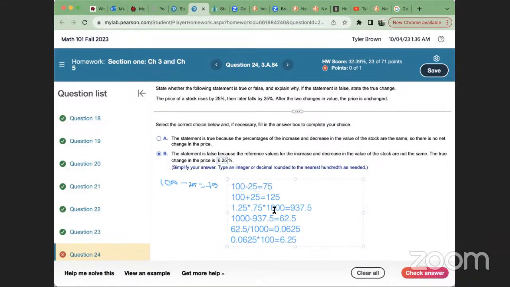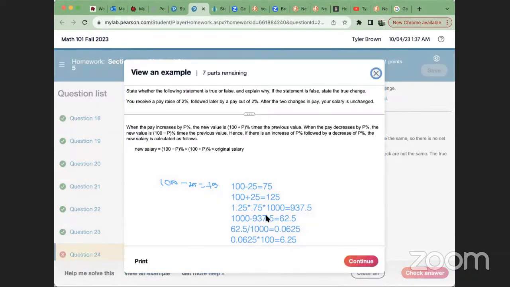Let me, oh, if I can move it, probably not. So I did all that. Let's look at the example one more time. So the example has me doing subtract or add.